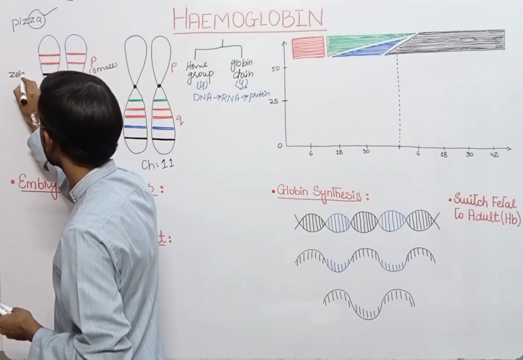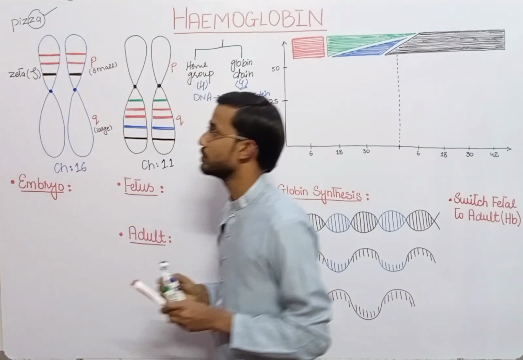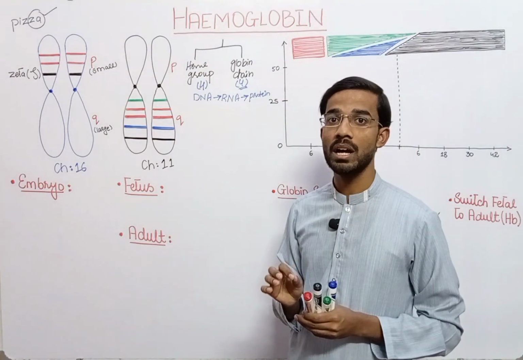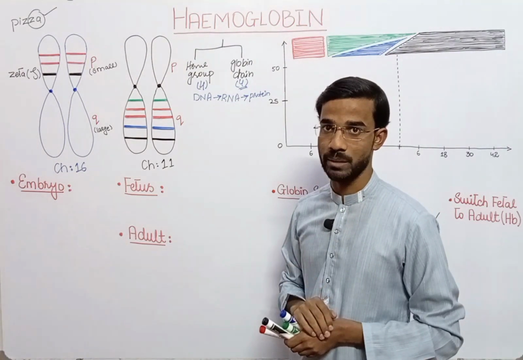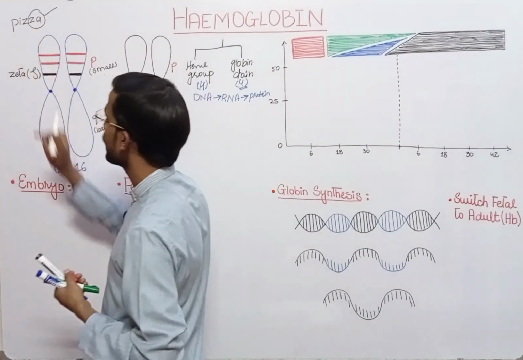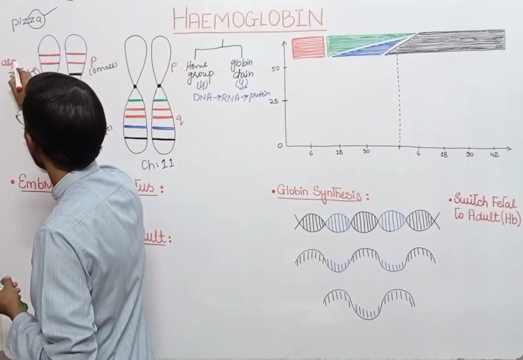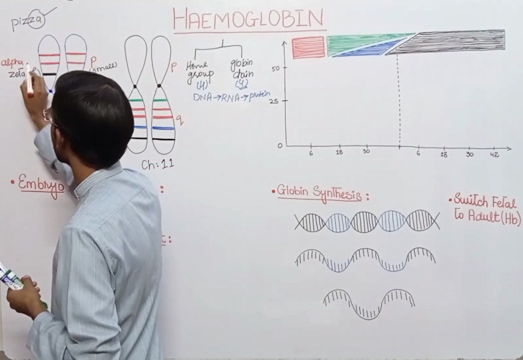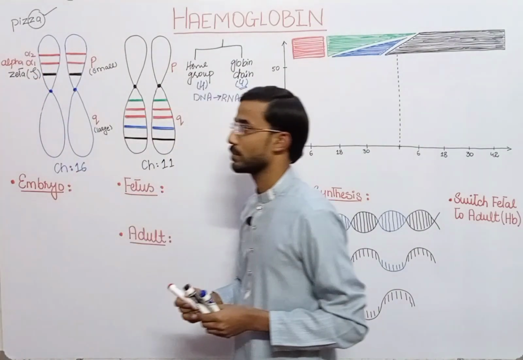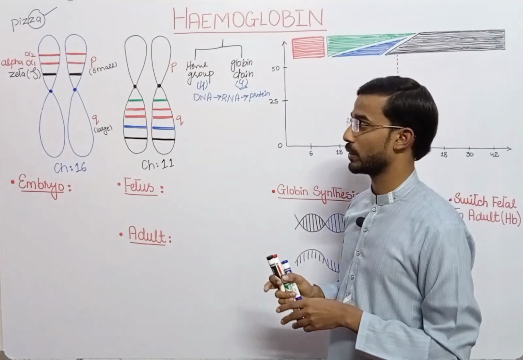Zeta genes are involved in the formation of the zeta globin chain of the hemoglobin. And next is the A. The letter A stands for alpha. Alpha has 2 forms, alpha 1 and alpha 2.